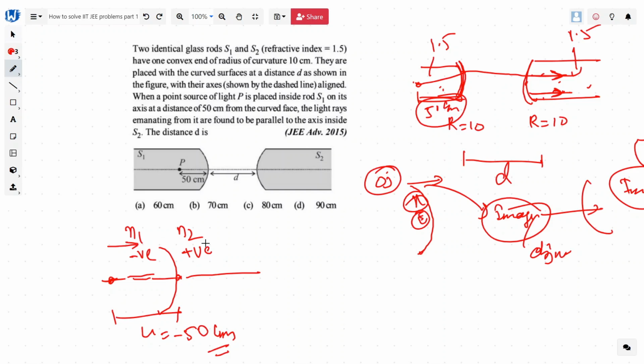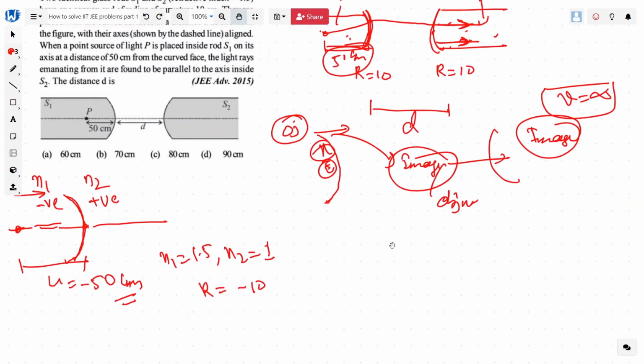Now we can write the value of N1, which is 1.5, and N2 is the air, so it is 1. Now the radius is falling on this side, so the radius is 10, and this is going to be minus 10 in this case. So use that in our formula and write our first equation.